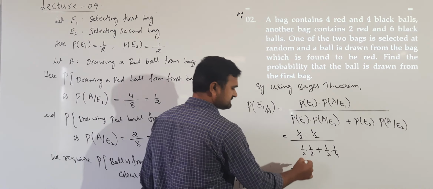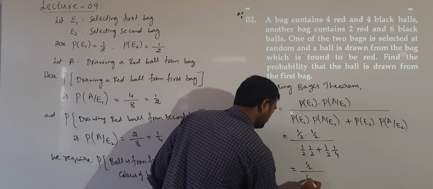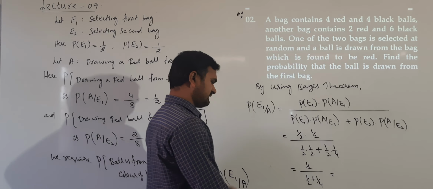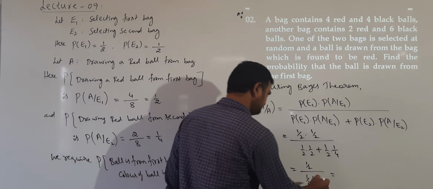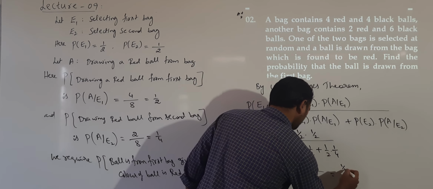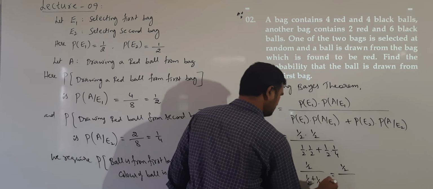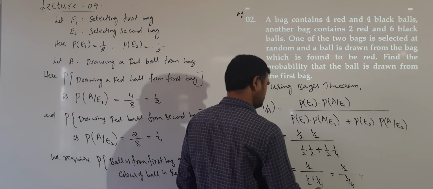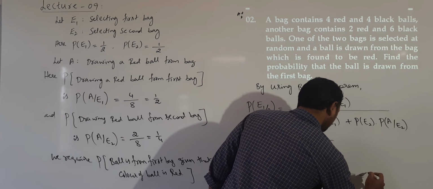So 1 by 2 will get cancelled. 1 by 2 by 1 by 2 plus 1 by 4. So you can take the LCM, 4 is the LCM. 1 by 2 divided by 3 by 4, which is 2 by 3.